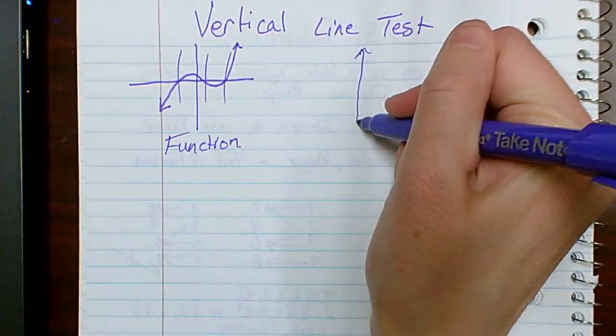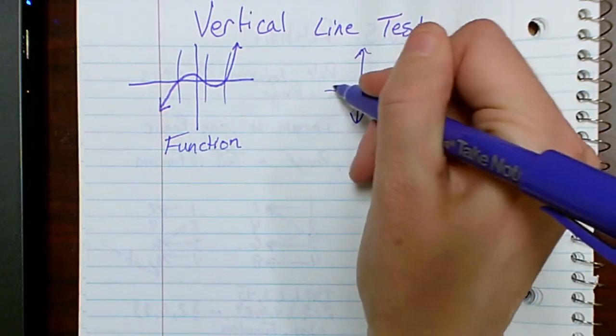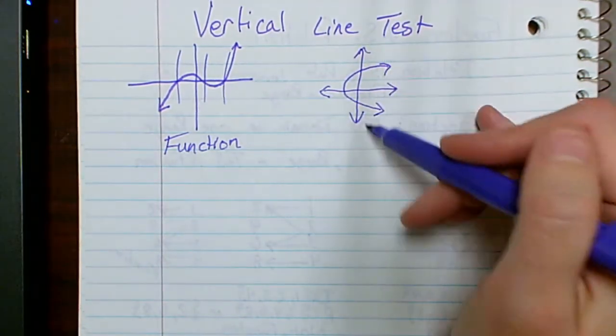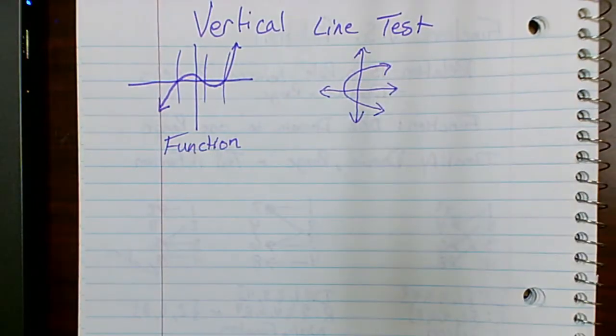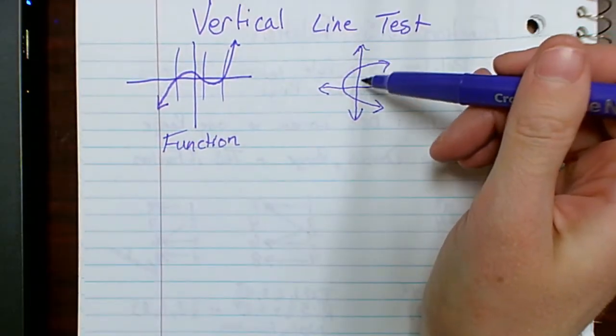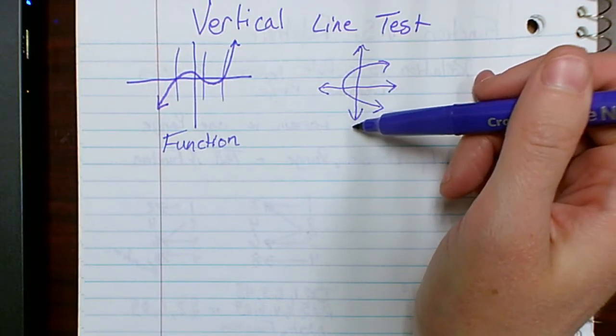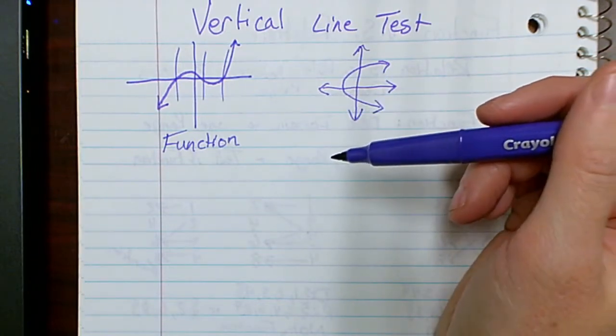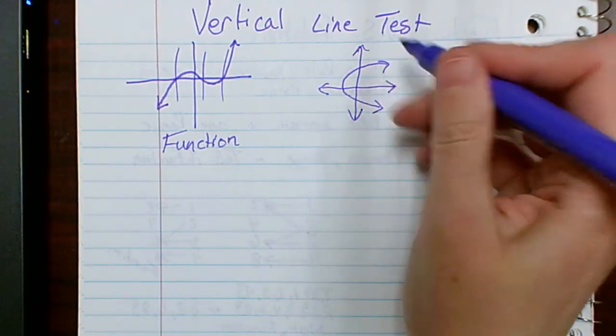If we look at this particular graph, if you do the vertical line test, or simply, for instance, look at the y-axis, you only need one vertical line that fails to make this not a function.